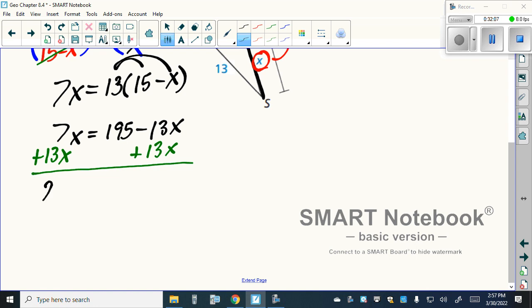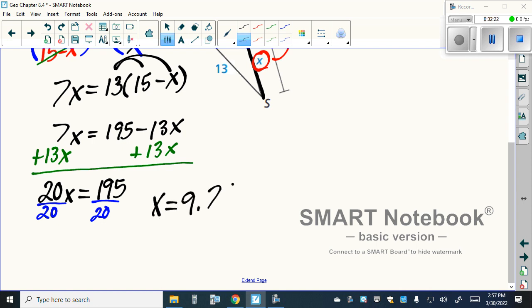This will tell us that 20x is equal to... and last but not least, if I divide both sides by 20, which we already knew it was going to be. But that's how we would work this out.